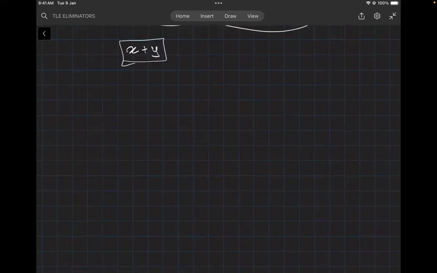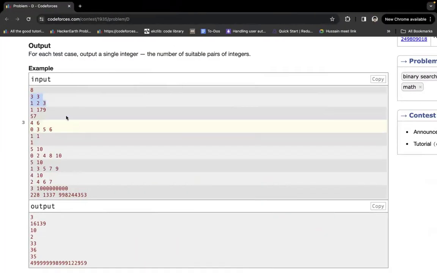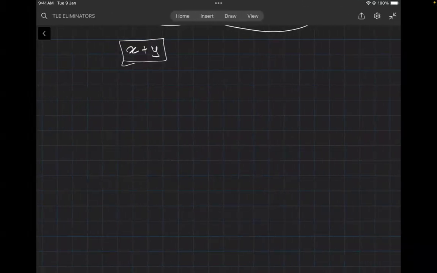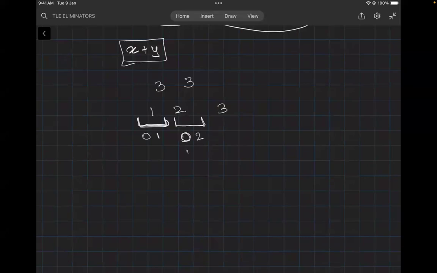Okay. Let's take an example. This 1, 2, 3 only. So 3, 3, 1, 2, 3. How many pairs are there such that x plus y is 1? We won't be able to take them, right? This is 0, 1. This is the only one which is possible. For this, how many are possible? 0, 2, 1, 1.